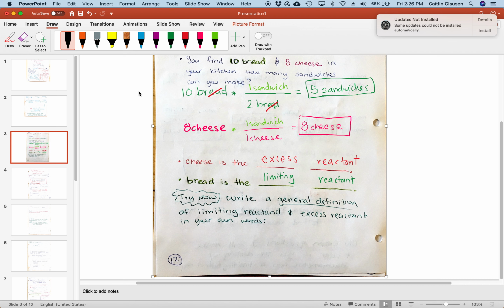So try now. I want you to write general definitions of limiting reactant and excess reactant. We kind of defined it for this specific example, but how would you describe limiting reactant to someone in terms of chemistry? And how would you describe excess reactant?